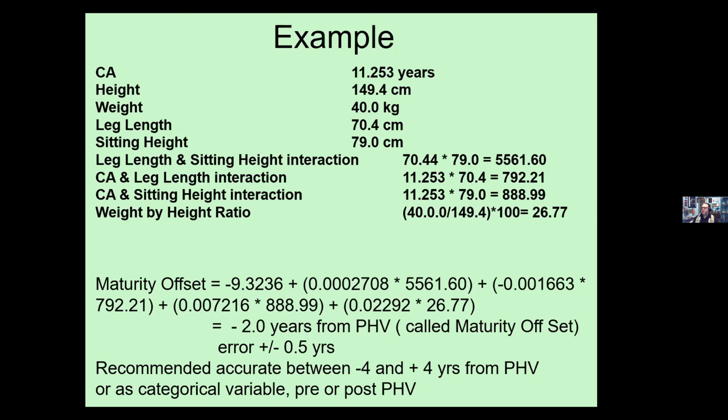Some people have mislabeled it, but we do not predict peak height velocity. If you want to predict the age at which peak height velocity is going to occur, you would look at it this way: you're 2 years away from peak height velocity, and at 11.2 years, that means their peak height velocity is going to occur at 13.2 years of age.